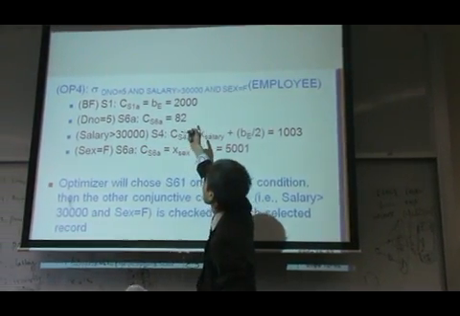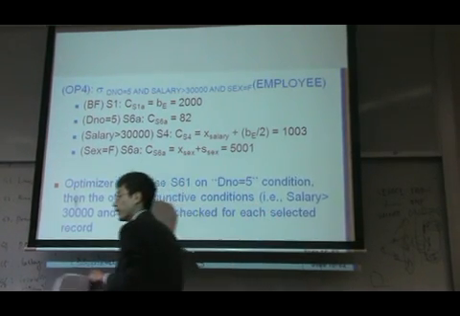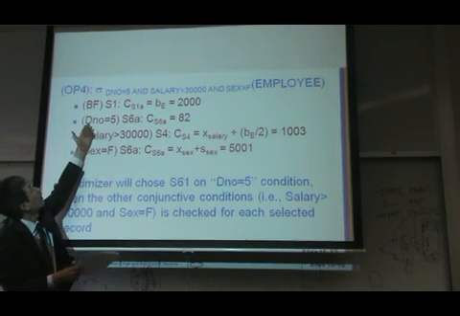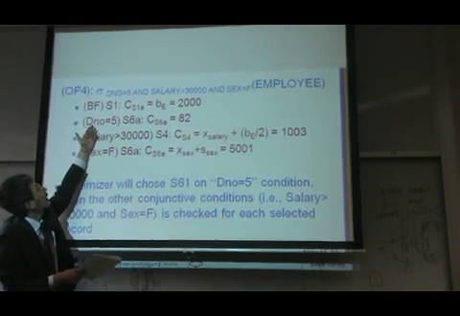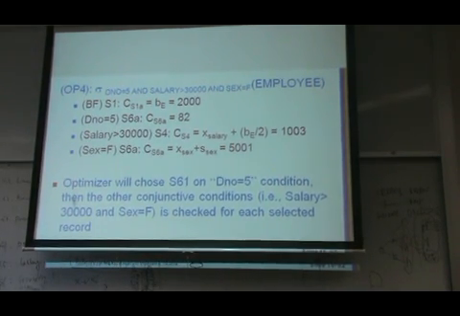And in this case, using DNO is the fastest way. Then the query optimizer will use the index on DNO, then access the employee data.